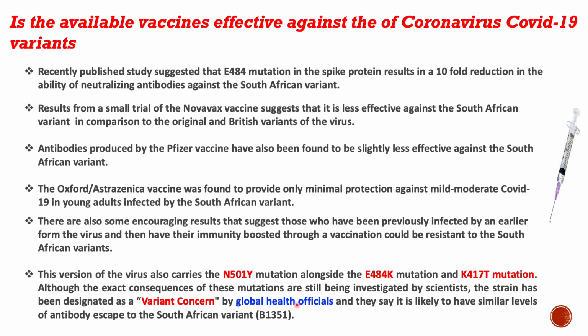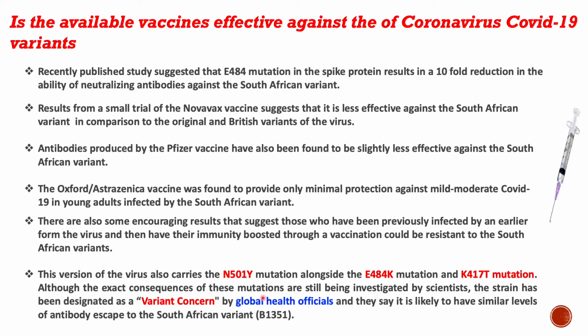Why do the global health officials call the South African variant, or the coronavirus COVID-19 that carries these 3 mutations, a variant of concern? Because they have the capability to evade the immune response. This capability of evading the immune response means that the current vaccines that we have now maybe are not that effective against this variant of concern.